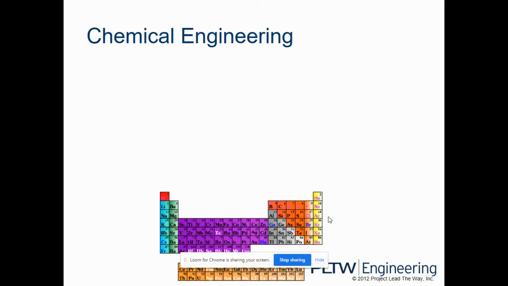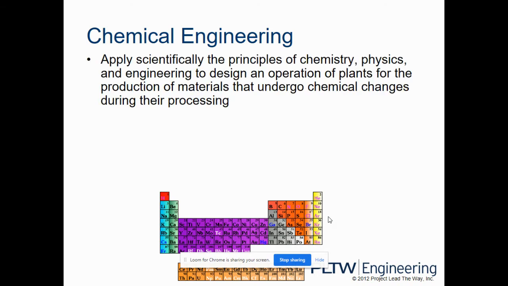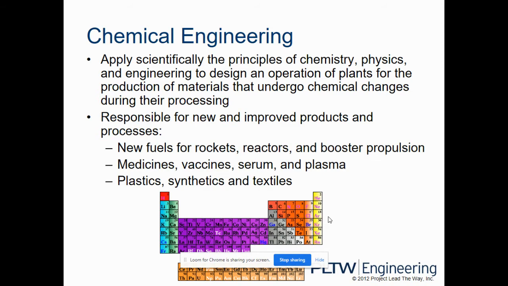Chemical engineering. Well, what you do is you take the principles of chemistry, you mix up a little bit of physics and just general engineering to look at things that undergo a chemical change during their processing. For example, the big one is making fuel.